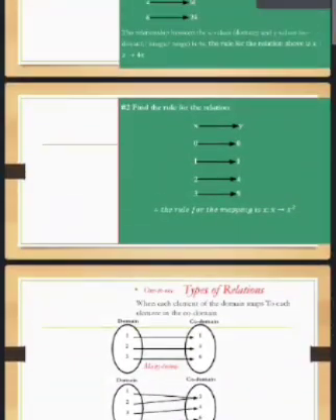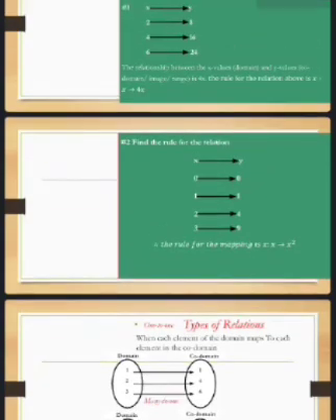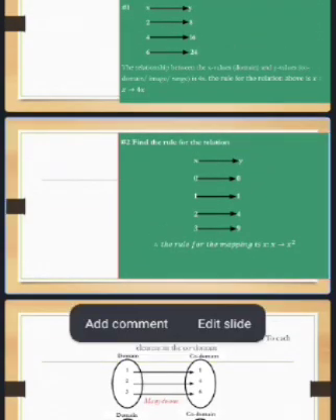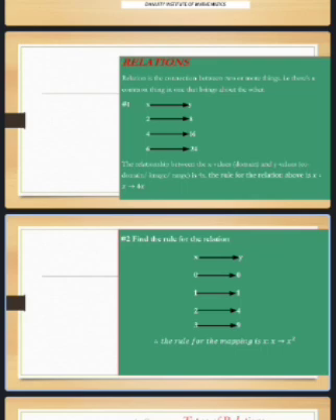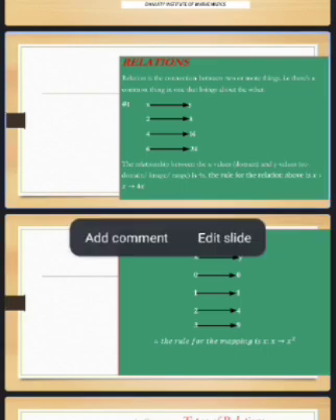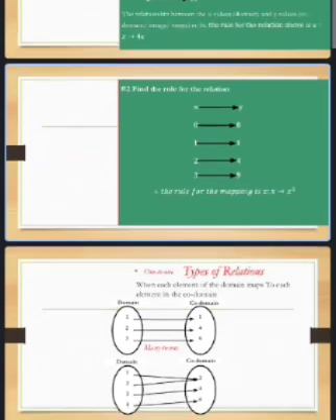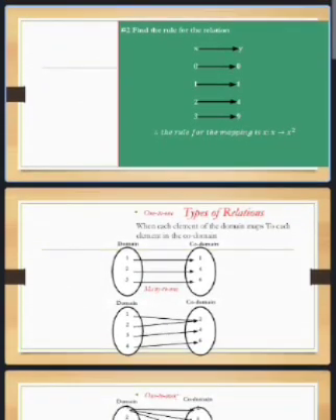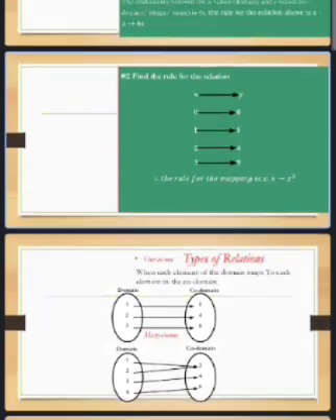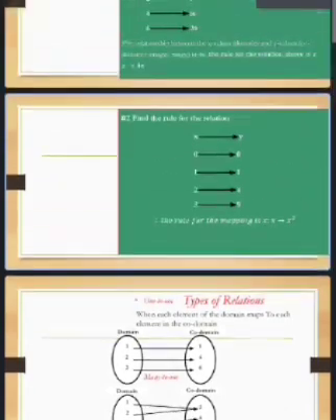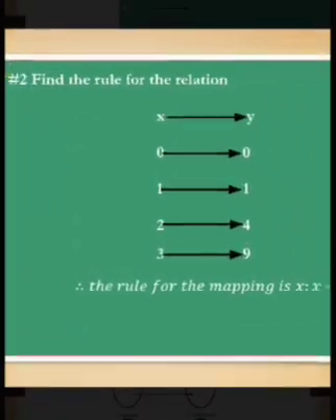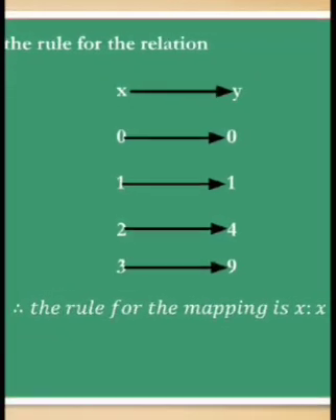Let's look at this example up here. So the equation of a line method works if and only if there's a common difference between them.